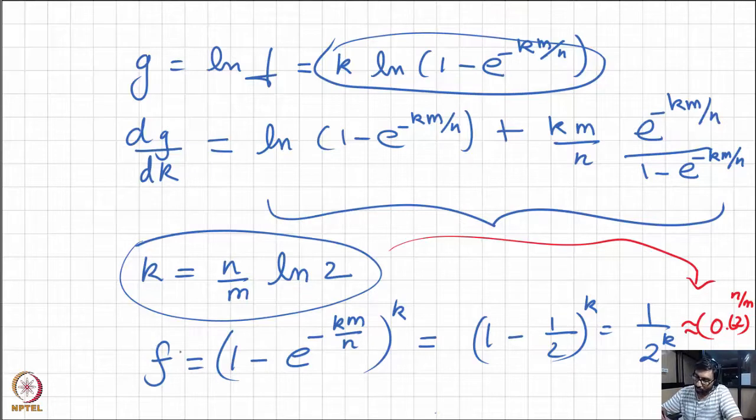From a designer's point of view, this expression is very nice because we can now use it to optimize the parameters that we care about. So for example, let's say f is fixed, the probability of false positives gets fixed down to something like 1 or 2%. And let's also say that the number of hash functions that we have at our disposal is some number, say 10.